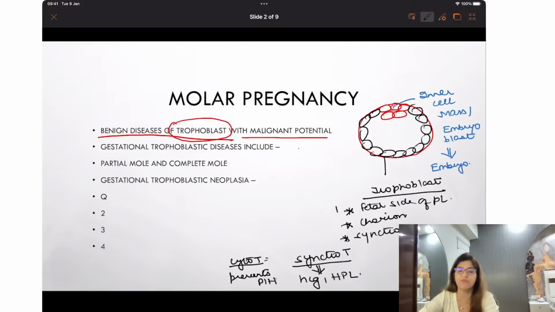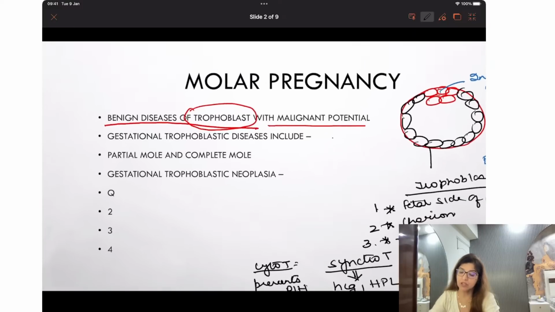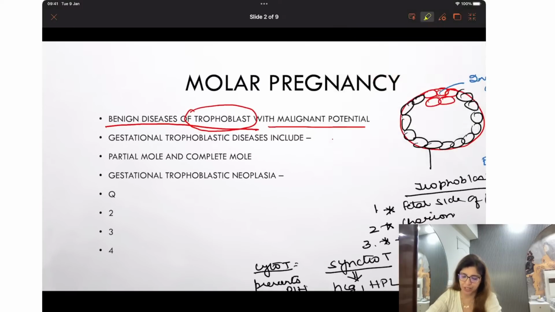Trophoblast, number 1, forms the fetal side of the placenta. Number 2, the fetal membrane chorion. You all know that chorion and amnion are fetal membranes. Number 3, trophoblast divides into cytotrophoblast and syncytiotrophoblast. Syncytiotrophoblast forms hormones like HCG and HPL. And cytotrophoblast prevents PIH, right?